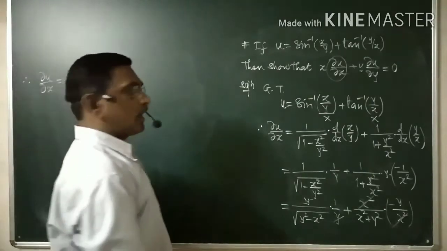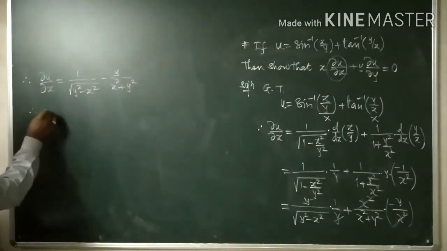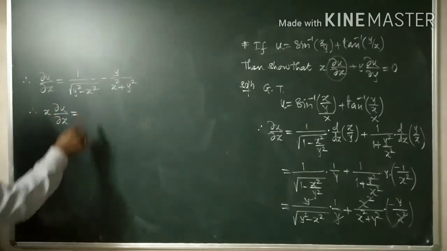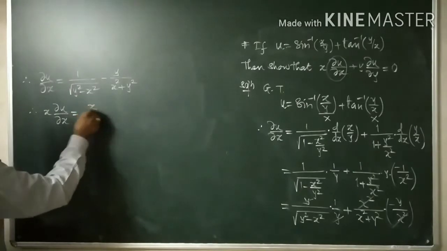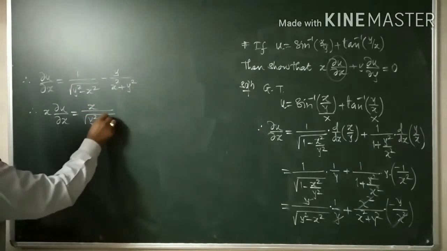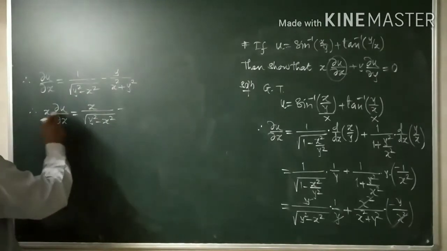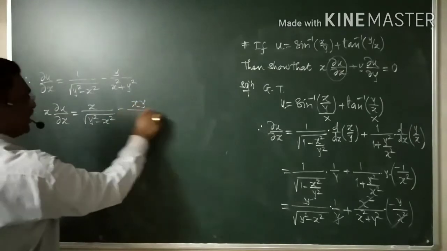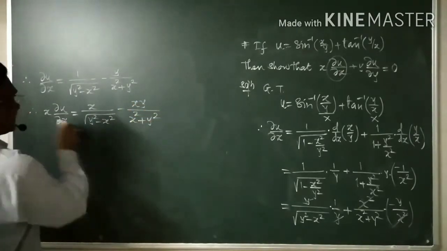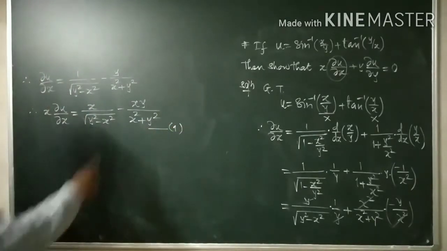Now I want x into delta u by delta x. Therefore, x delta u by delta x is equal to multiplying this by x: x upon root y square minus x square, then minus, again multiply this by x, therefore xy upon x square plus y square. Let me call this 1.